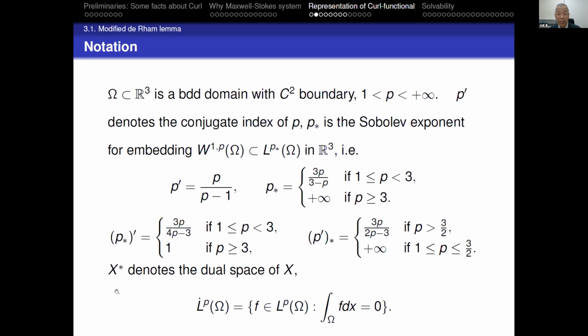Okay, for a bounded space X, we use X star to denote the dual space. And if we have some space LP omega, then we use dot LP to mean the subspace of LP consisting of the functions with integral vanishing.